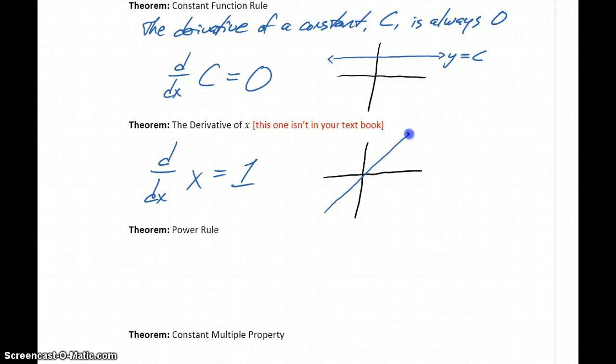So if we're considering the graph of y equals x, even though we don't always write it there, we know that there's a coefficient of 1 and a y-intercept of 0. So whatever the coefficient for x is, that's the slope of this line. So in this case, our slope equals 1. So anytime we're dealing with y equals x, that rate of change is always 1. So anytime we have the derivative of x, we know that that's 1.